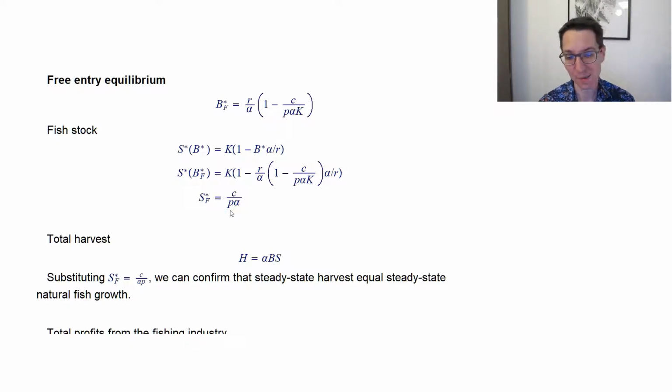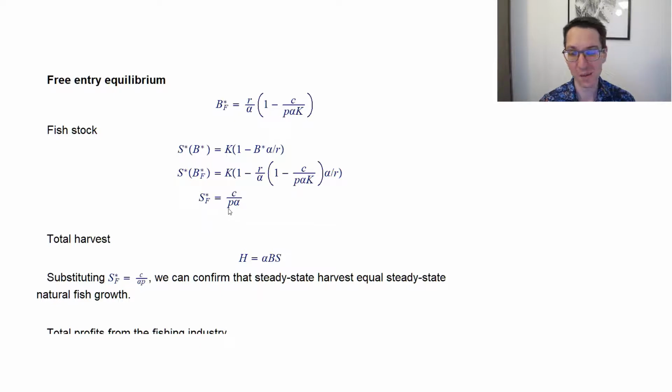And in that case, we found a very simple solution that finally it has to be the case that the steady state stock of fish in the ocean is a function purely of the industry. And of course, the higher the cost of fishing, the higher the stock because there's going to be fewer boats.